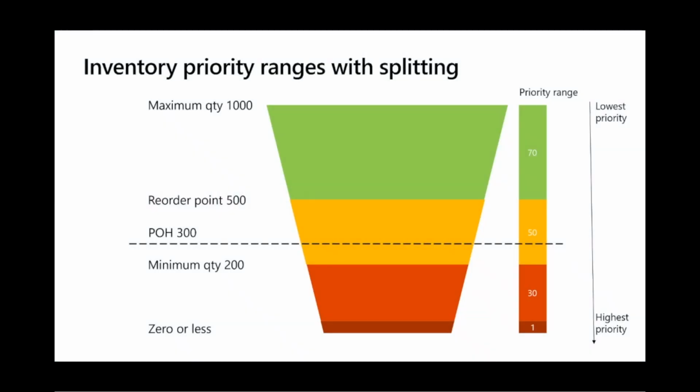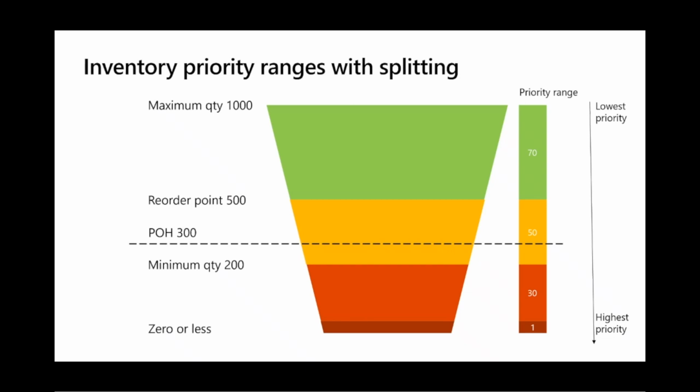The next level of detail that we can add with priority ranges is the ability to split orders based on the priority range. So just like we have the priority ranges with single supply, we have our same priority ranges again, but this time with the strategy of split by priority range for planned orders, I will get multiple orders for the same warehouse.